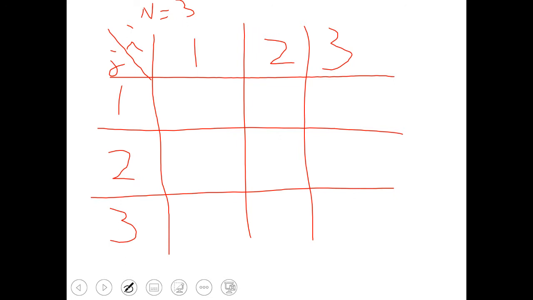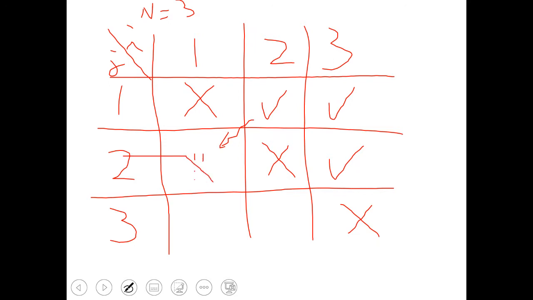So I equals J is not applied here, and we may choose this one, and this one, and this one is repeated. So we don't choose these 3. So we have this one, and this one.